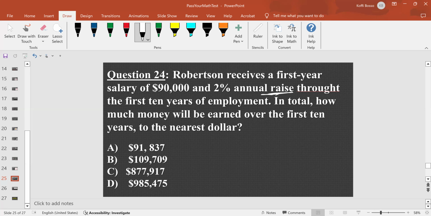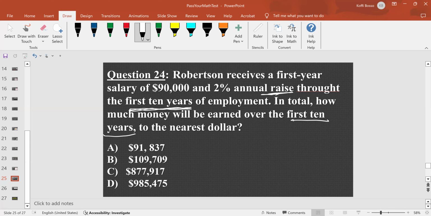That's the meaning of a 2% annual raise. Through the first 10 years of employment, this is key information. In total, how much money will be earned over the first 10 years?